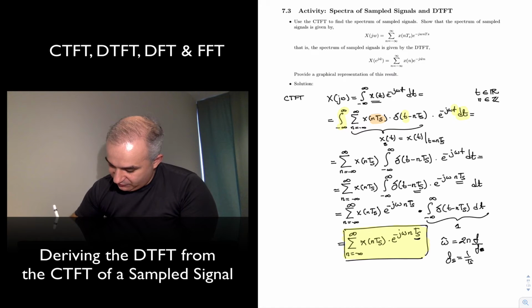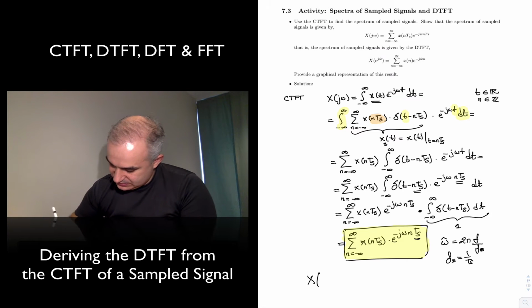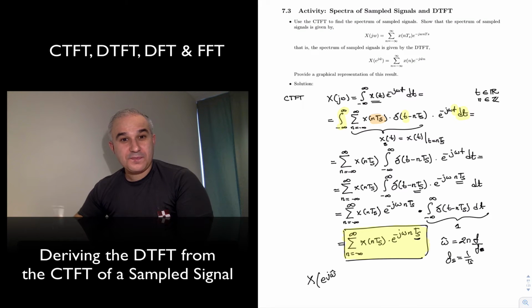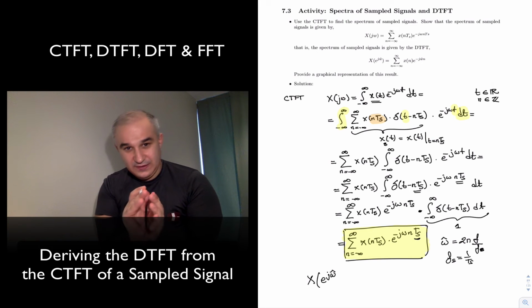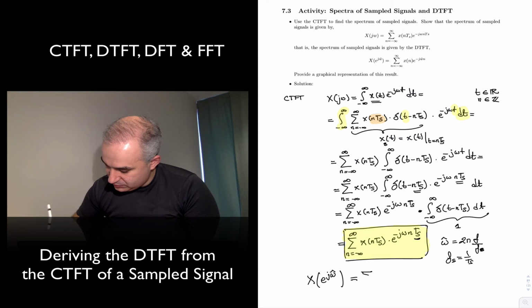And so, if we wanted to write an expression that we will use for discrete time signals, for the spectrum, as a function of the discrete frequency, normalized frequency, this is just equal to the sum x of n e to the minus j omega hat n, from minus infinity to infinity.